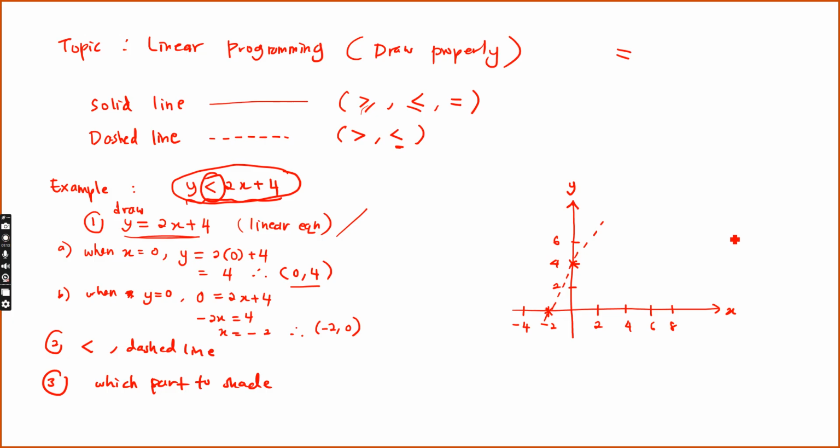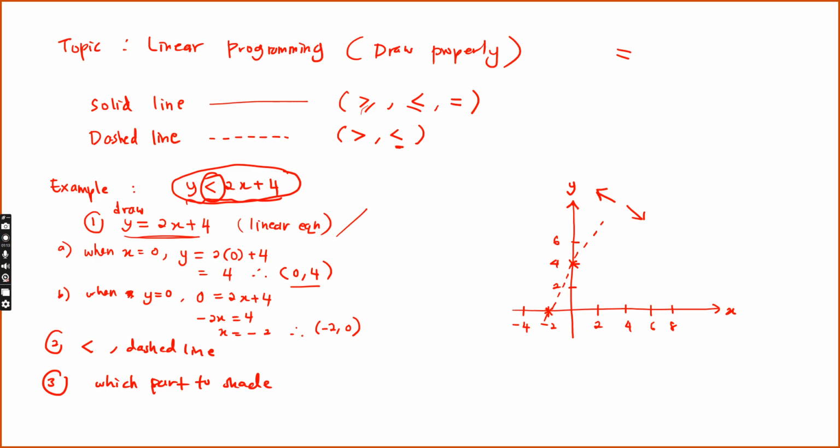Usually you can just use the arrow, left hand side or up and down. If this symbol is less than, you just use the less than area, which is this part, the left side area.